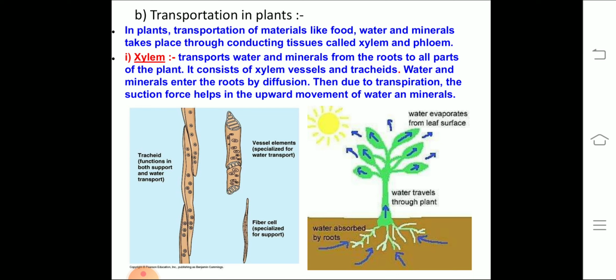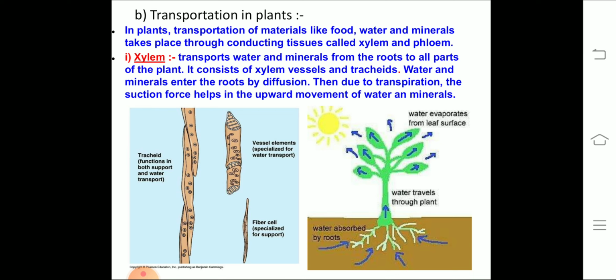So the main process of transpiration helps in the distribution of water from roots to leaves. The function of transpiration is absorption and upward movement of water and minerals dissolved in it. It also helps in temperature regulation, maintaining the temperature of the plant.